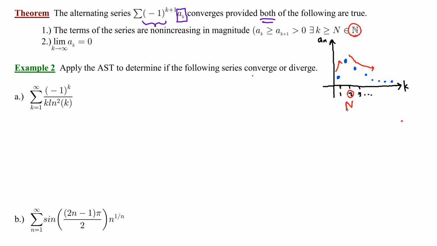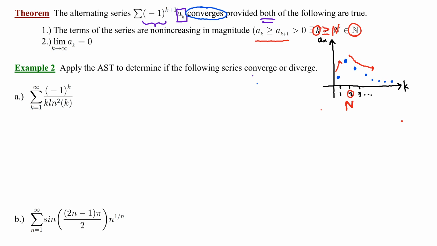So beyond some specific point, for every subscript greater than or equal to N, the series is going to settle down and be non-increasing. So if we can establish that particular inequality, and number 2, the limit as k goes to infinity of a sub k equals 0, then our conclusion is that the alternating series will converge.